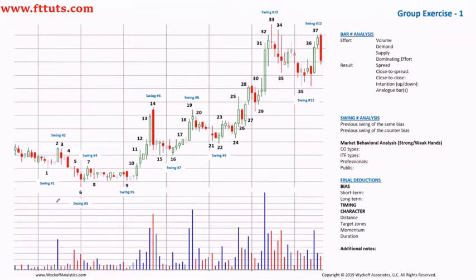Okay, so at this point, we're thinking maybe a climactic action. What should happen next, Rick? Then automatic rally. Absolutely. And this rally right here would also be characterized as what else?